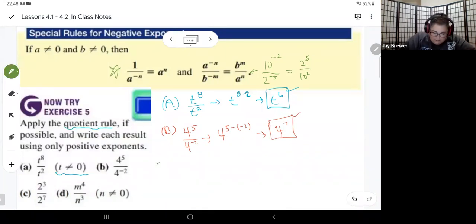All right, c is 2 cubed over 2 to the 7th. Again, if we follow the quotient rule, we would end up with 2 to the 3 minus 7, which is 2 to the negative 4th, but we don't like negative numbers in our exponent spots, so it's going to be 1 over 2 to the 4th.